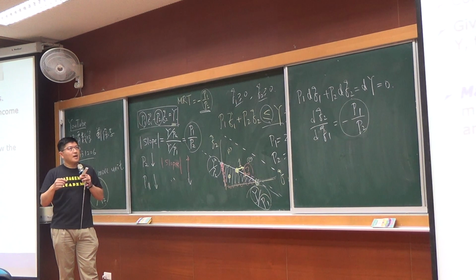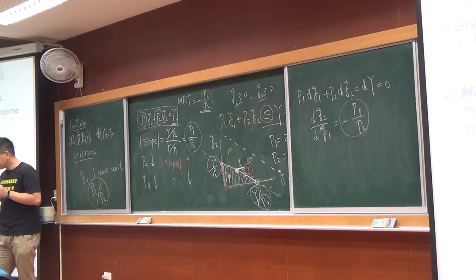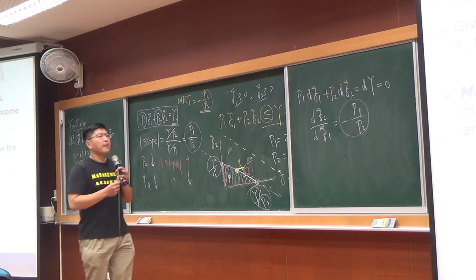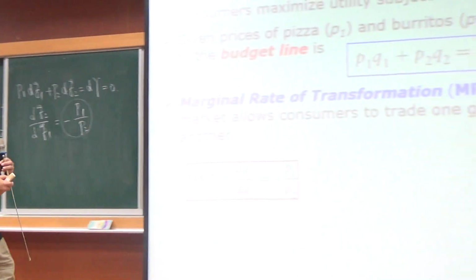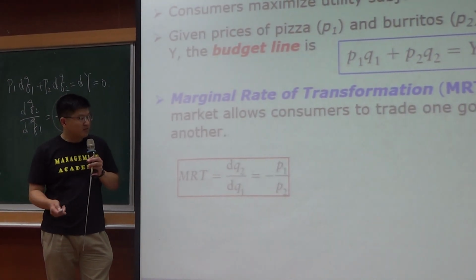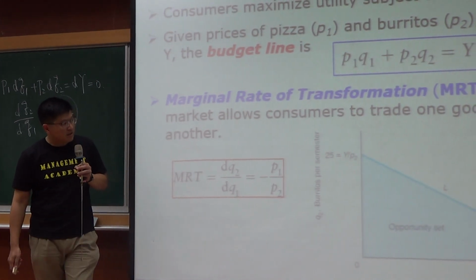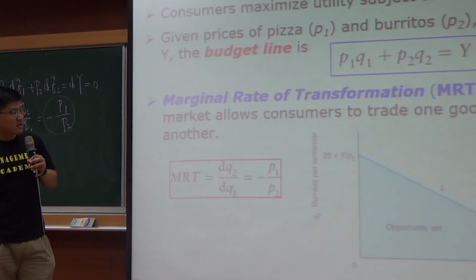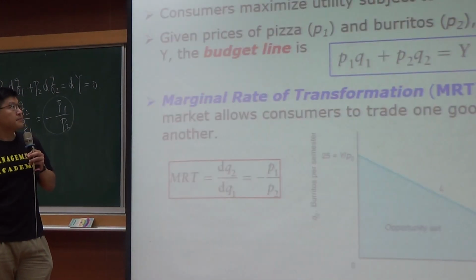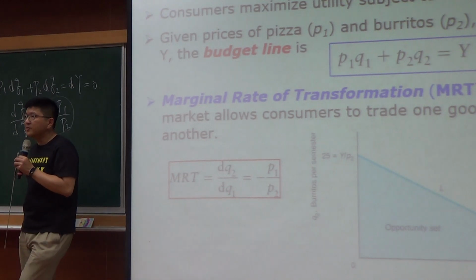I think with some understanding, you can remember it better, and your memory will last longer. So MRT equals negative P1 over P2. So this is the budget set, the consumption set. Is that okay for you?